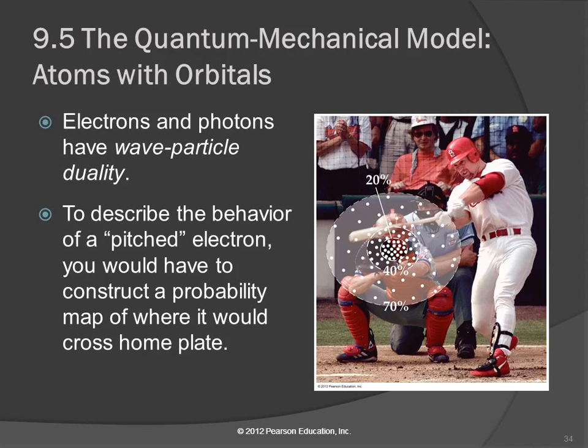And you pitched the electron a number of times, you would end up with this sort of distribution. Most frequently it would be towards the center of this, and less frequently out here, but sometimes it might even be out here. It's not going to go the same place every time.